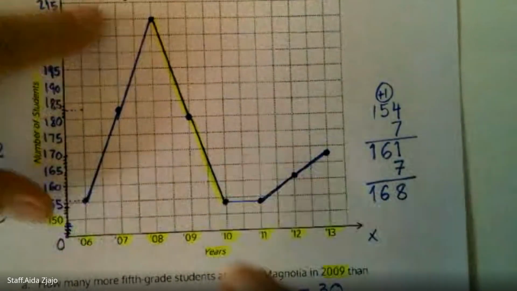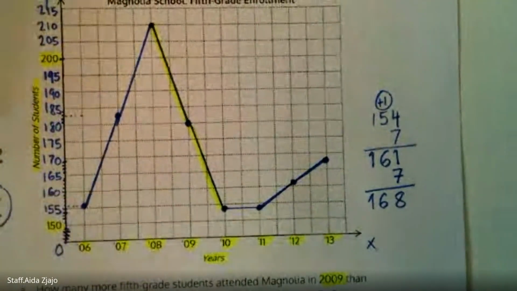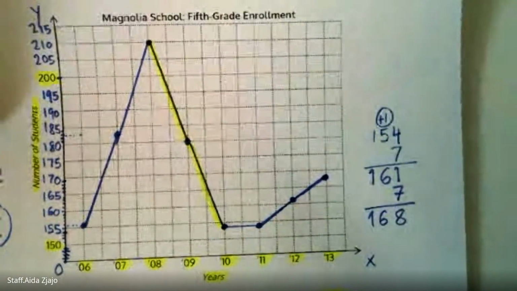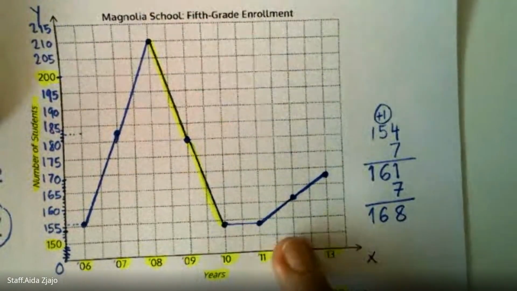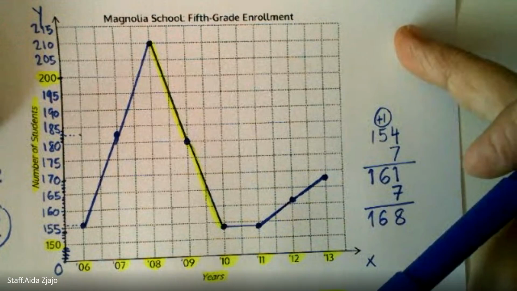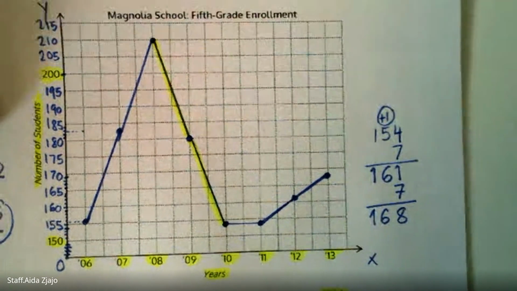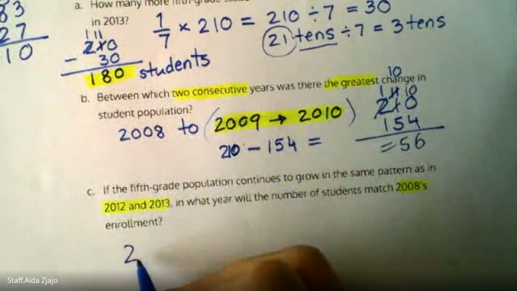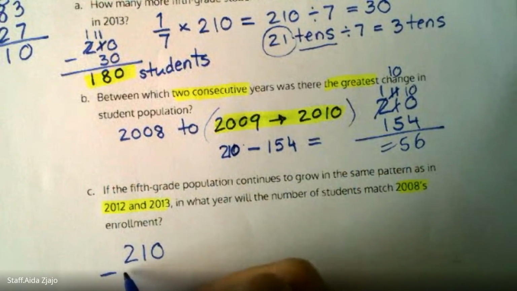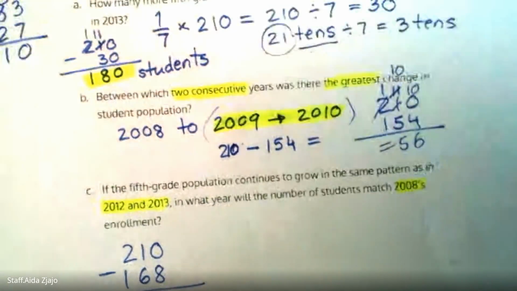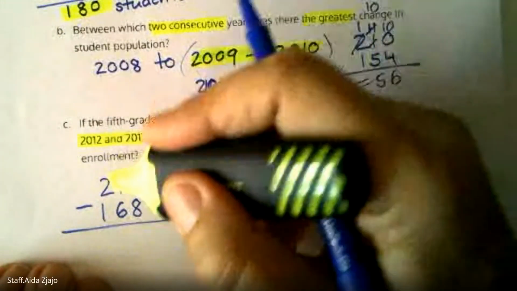And then if you divide by 7 into groups of 7, we will figure out how many years it will take to go back up to the same point that is right here. So let's see that. So 210 minus 168.